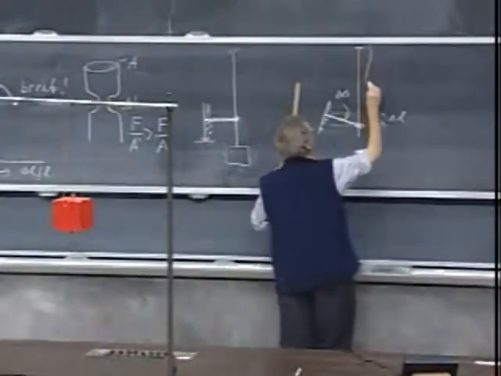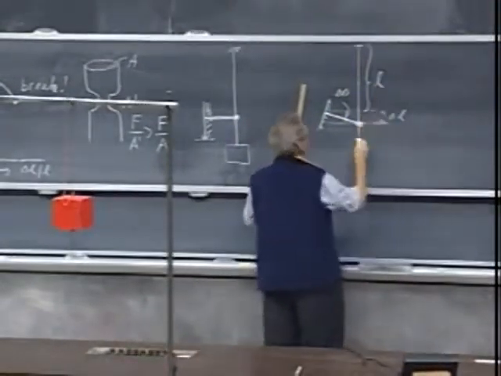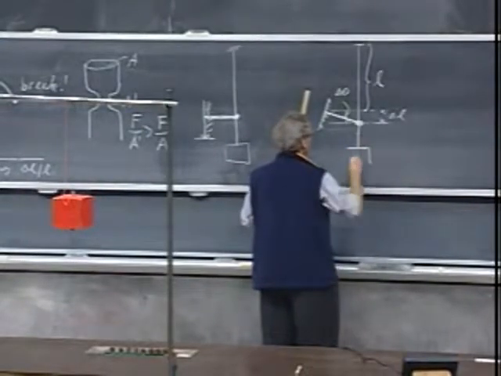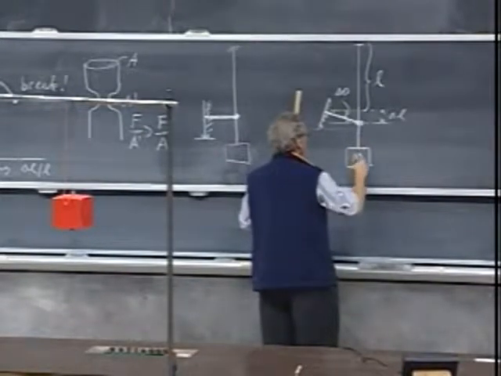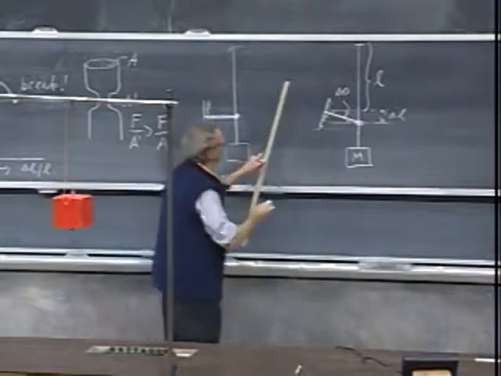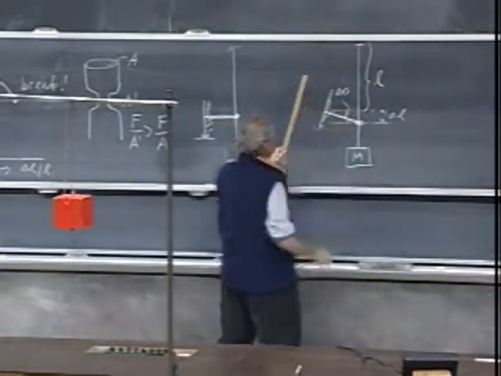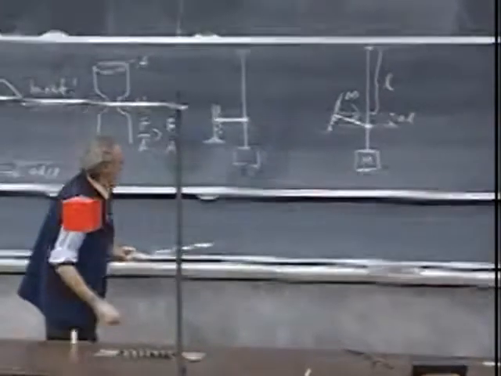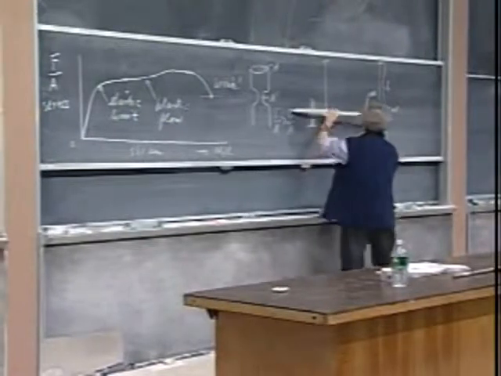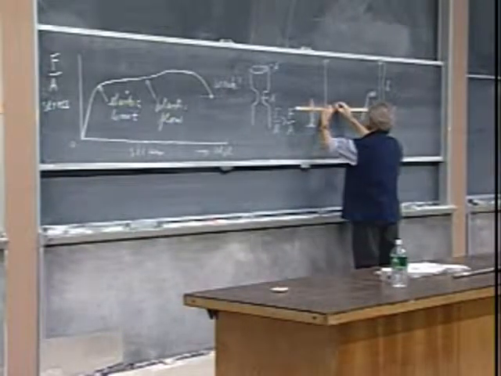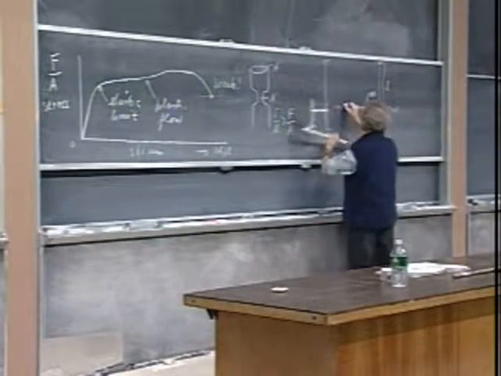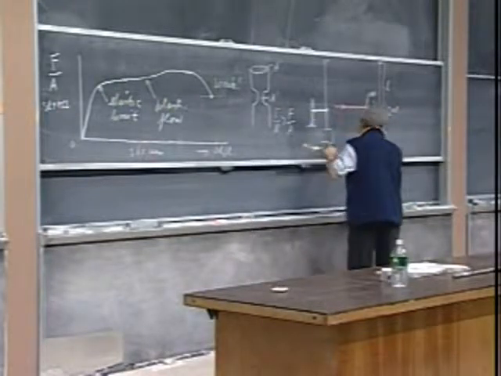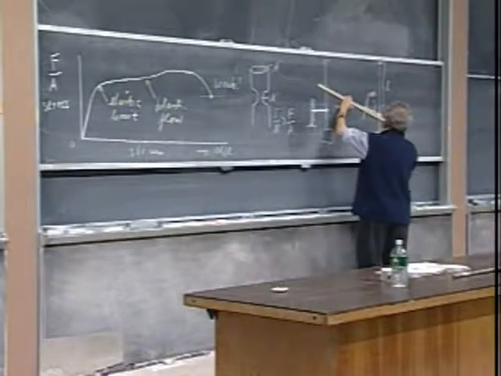And this length is L. And we're going to load it down with a mass M, which we're going to increase. And then we have a laser beam, which we shine onto the mirror. The laser beam comes in like so, and this is the normal to the mirror.